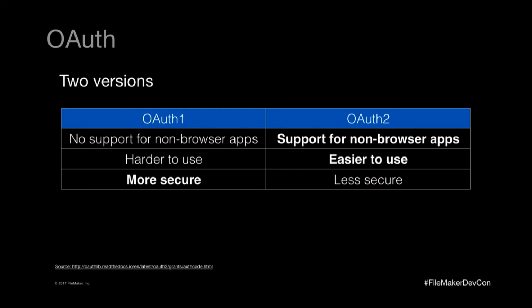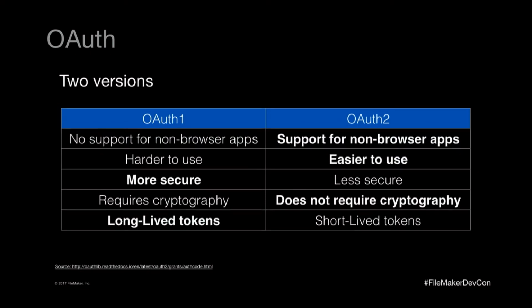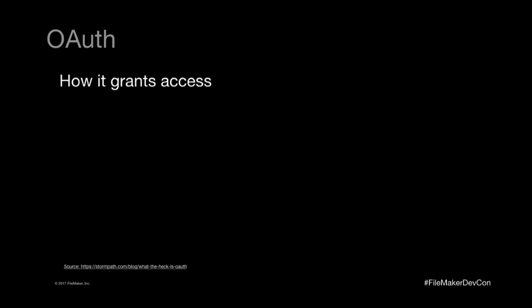It's more secure because it requires encryption or cryptography, and OAuth 2 doesn't require it. And the access token we get on version 1 is usually for a year or so, and in version 2, it may last an hour. So the duration of the token is different.